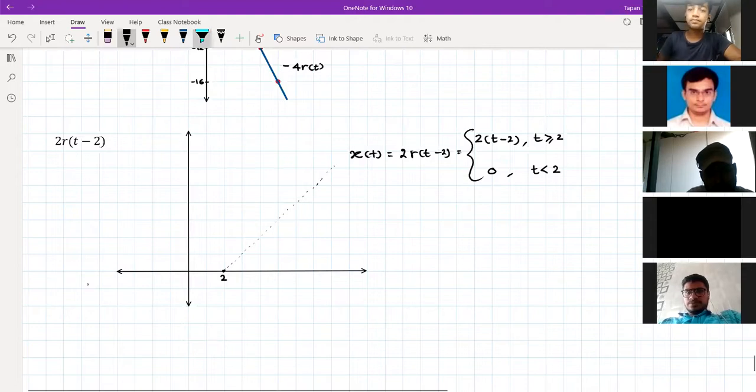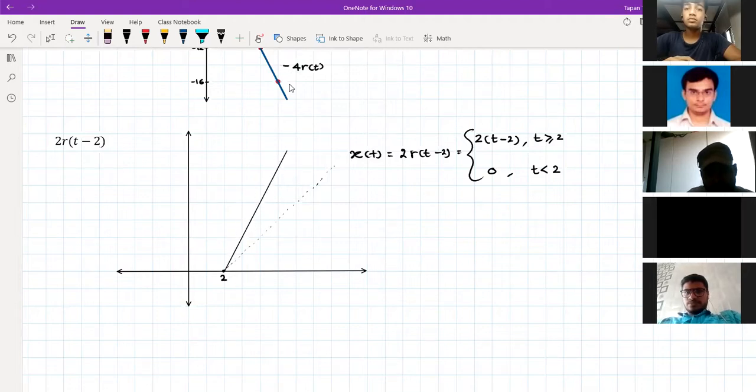So the revised curve will look like this.